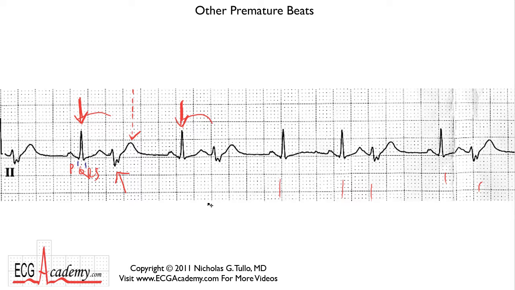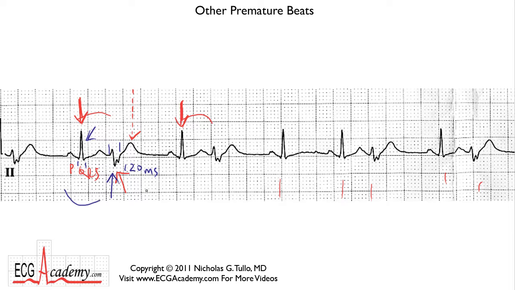This QRS starts on the first row of boxes and finishes on the fourth row. So that's 3 small boxes, 120 milliseconds. So it's clearly wide, it's clearly premature, and you'd say, well, the QRS complex looks really quite different than the underlying rhythm, and this kind of looks like a PVC.